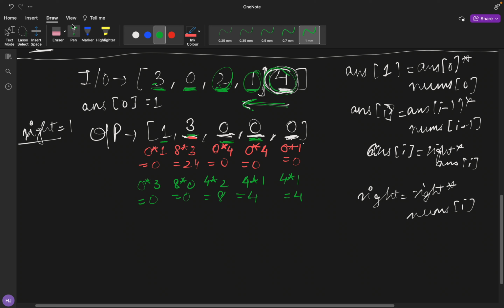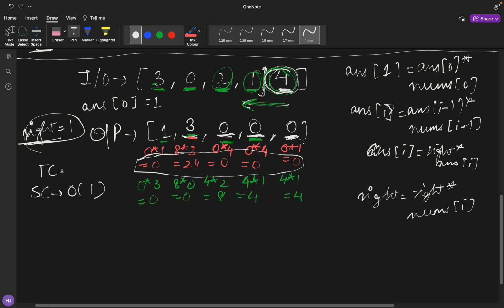So in this way I am able to compute my final output in O of 1 space, right? Since I only took an extra variable right and I keep on updating it, there is no extra space complexity. So it turns out to be O of 1, and my time complexity as usual is O of n time.